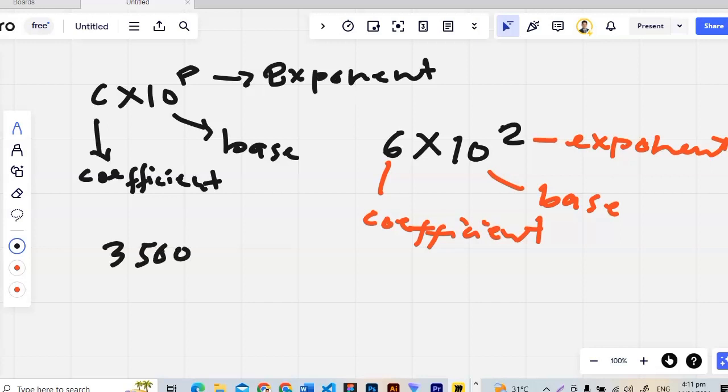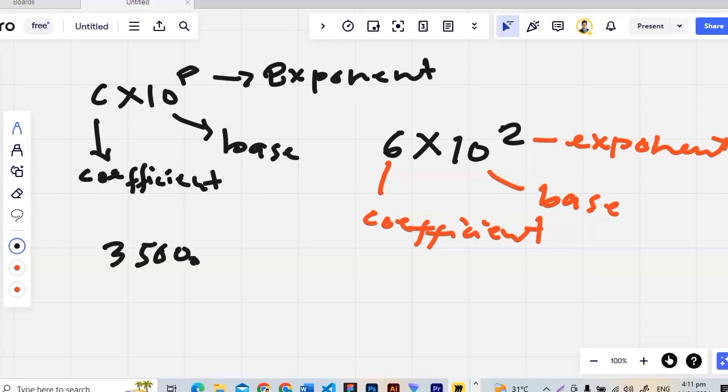3500 into scientific notation. Okay, first thing to do is you have to move the decimal point to the left side, next to the whole number. Since this is a whole number, there's an imaginary decimal point at the right portion.